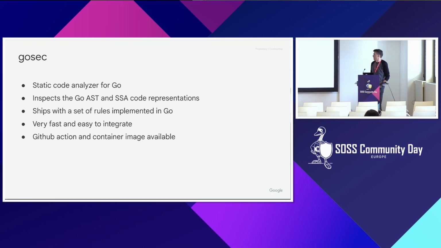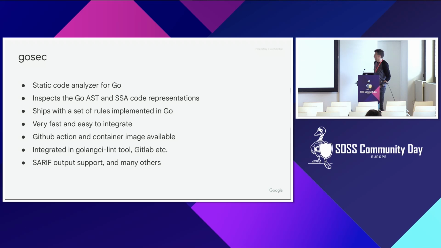It has a GitHub action which can be easily integrated. We will see in a minute an example of how to use it. And it's also integrated, maybe you use it if you are a Go developer, in golangci-lint, which is an aggregator of many linters. So it's integrated in these tools or in GitLab as well.